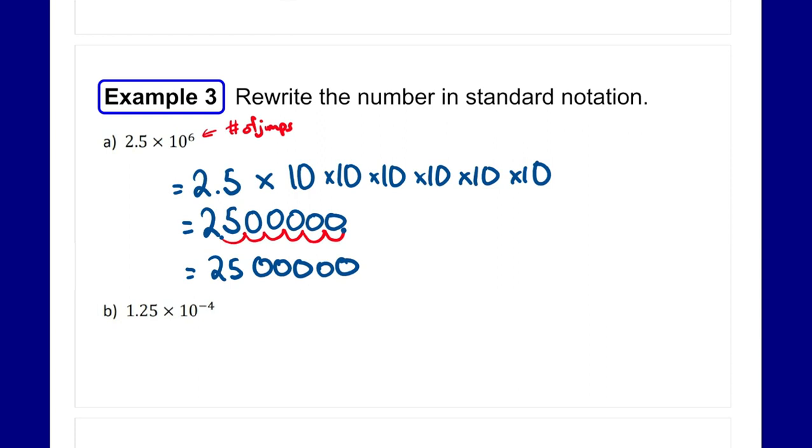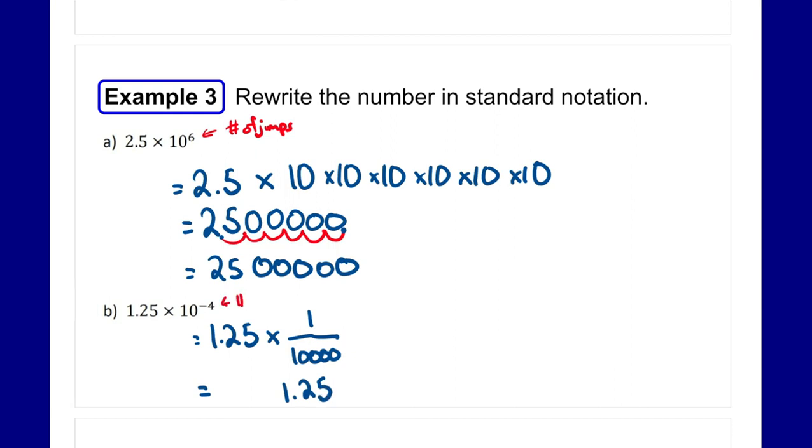When we have a negative, it's the same idea. If I were to write this out in standard notation, 10 to the power of negative 4 is the same thing as saying 1 over 10,000. So 1.25 times 1 over 10,000, or 1.25 divided by 10,000. But again, that's not that easy to do, and your calculator may sometimes give you the value in scientific notation either way, even when you do that division. So we're going to do the same thing.